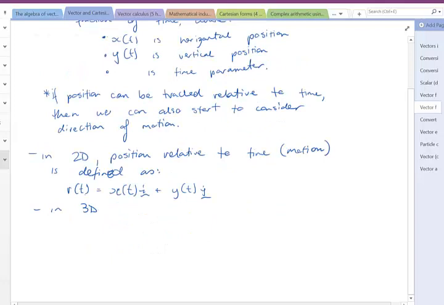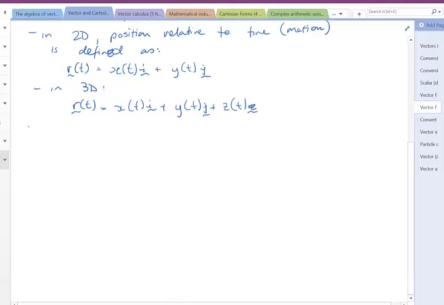In 3D, we are looking at the position being defined by an x, a y and a z displacement in the i, j and k directions.